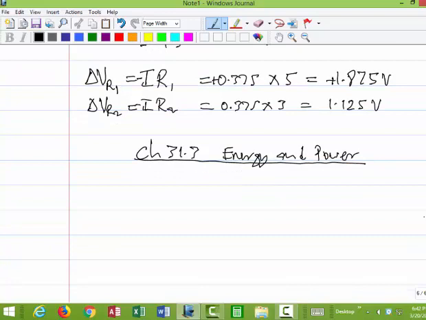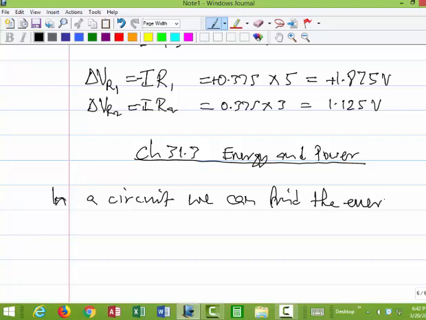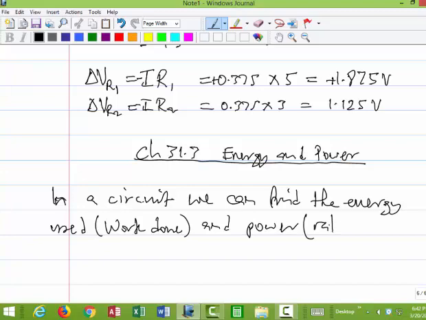Okay, so in our circuit, we can say that energy used is the same as work done, and power is the rate of doing work.